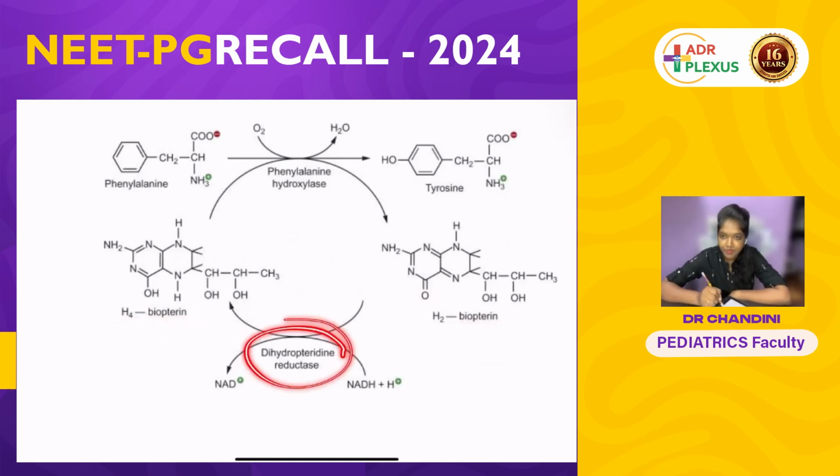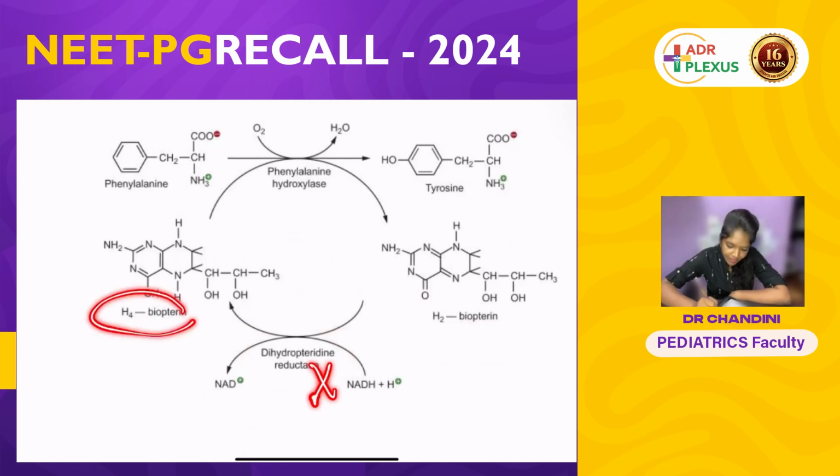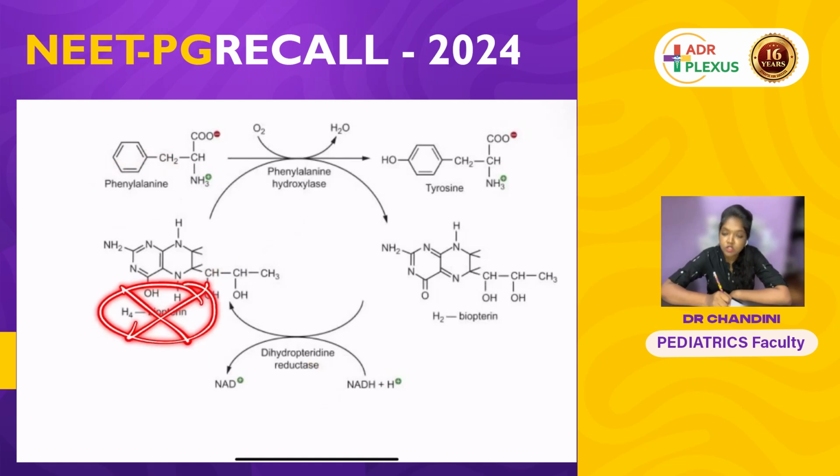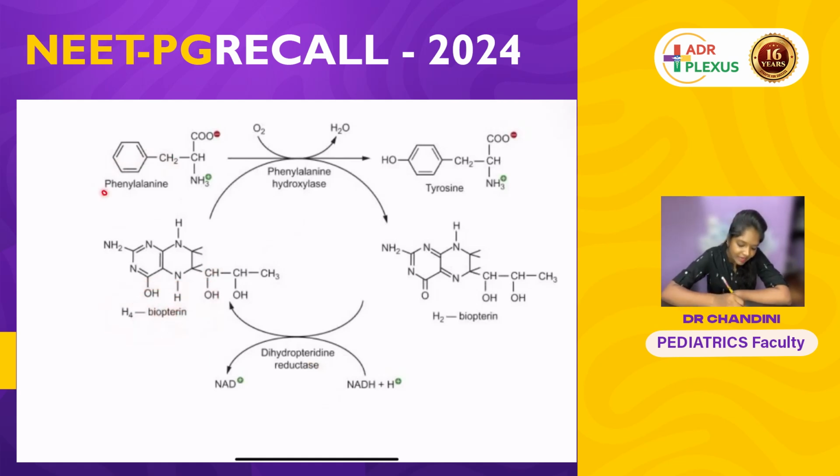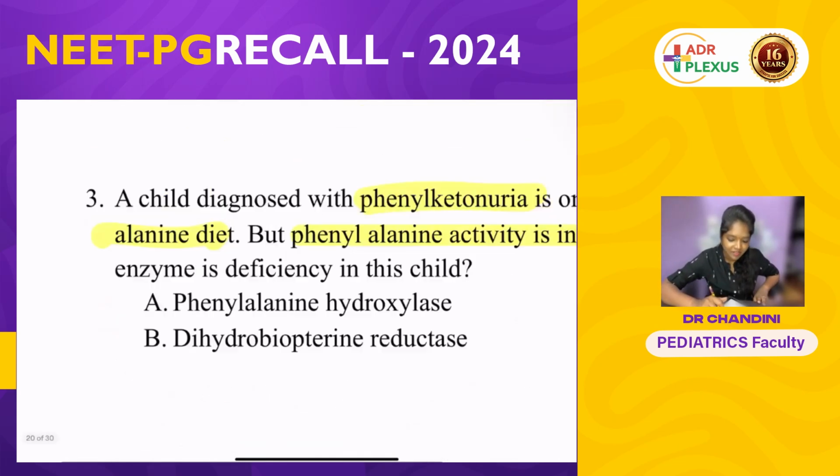If this enzyme is deficient, you will not have tetrahydrobiopterin. Tetrahydrobiopterin is a cofactor for phenylalanine hydroxylase. So in this deficiency, even if you restrict phenylalanine, because of the absence of tetrahydrobiopterin, phenylalanine will not be converted and its levels are going to increase. That is what was asked in our question.